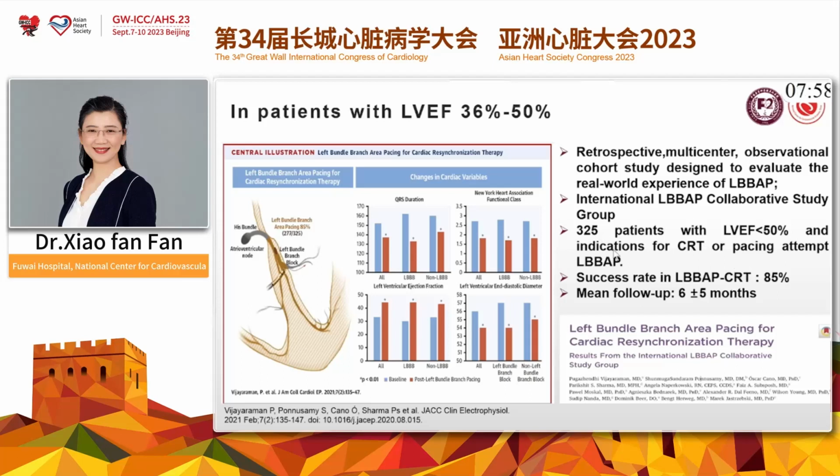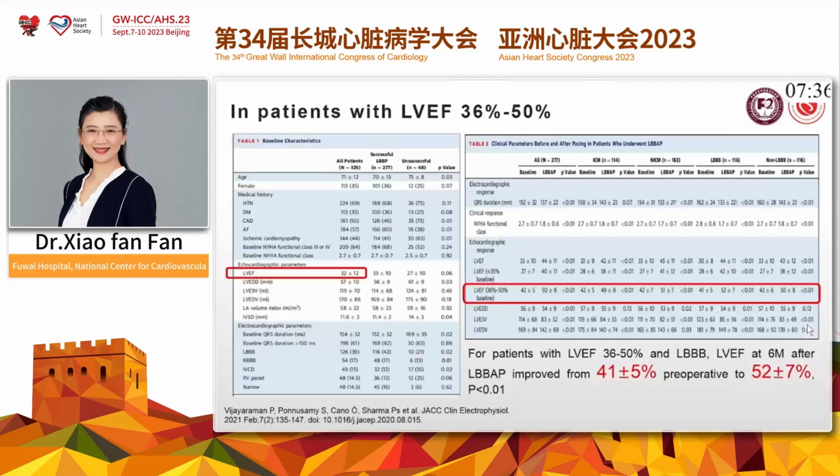summarized more than 300 patients with LVEF less than 50% and indications for CRT or pacing who attempted LBBAP, and they have a success rate of 85%. And the mean follow-up was 6 months.